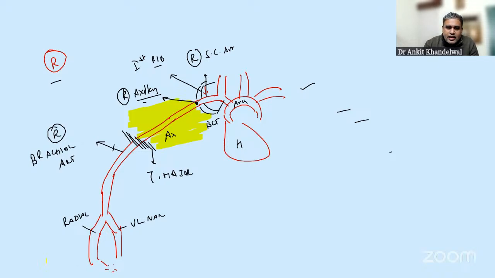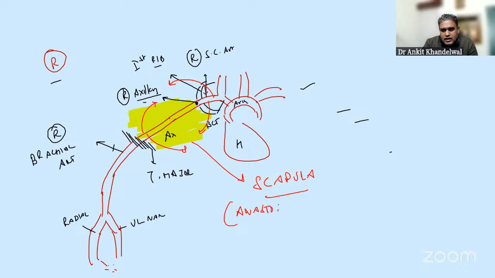In that case, naturally, there are a few branches of the subclavian and axillary artery that anastomose around a bone, and that bone is the scapula. So there is a lot of normal anastomosis of the branches of the arteries around the scapula.